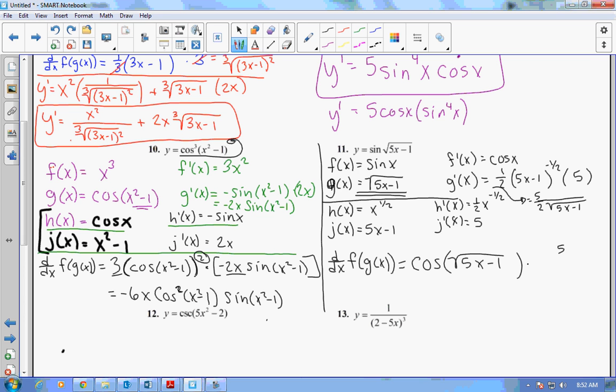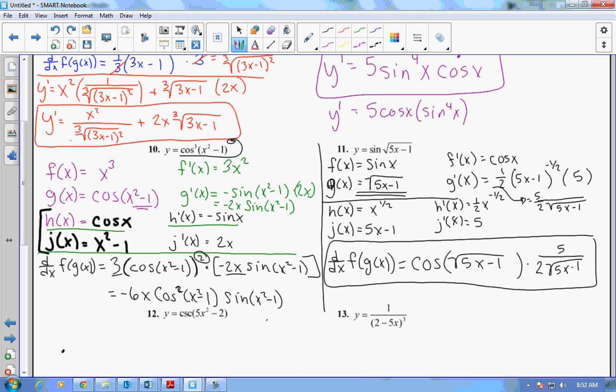So the 5 over 2 root 5x minus 1. You can stop there if you want. You could move this second fraction 5 over 2 root 5x minus 1 in front of the cosine.